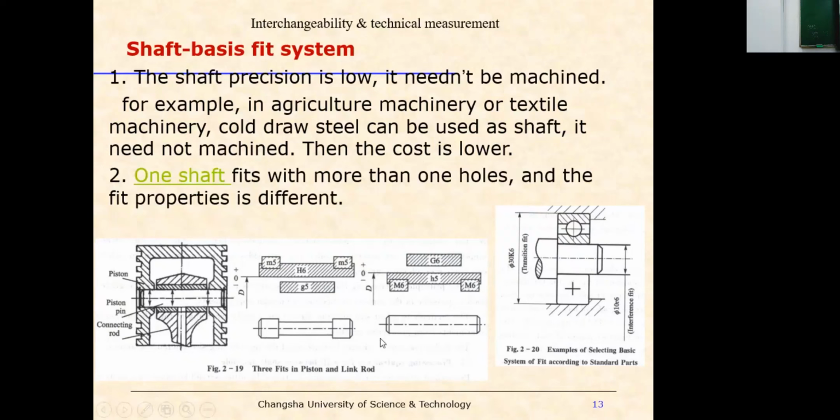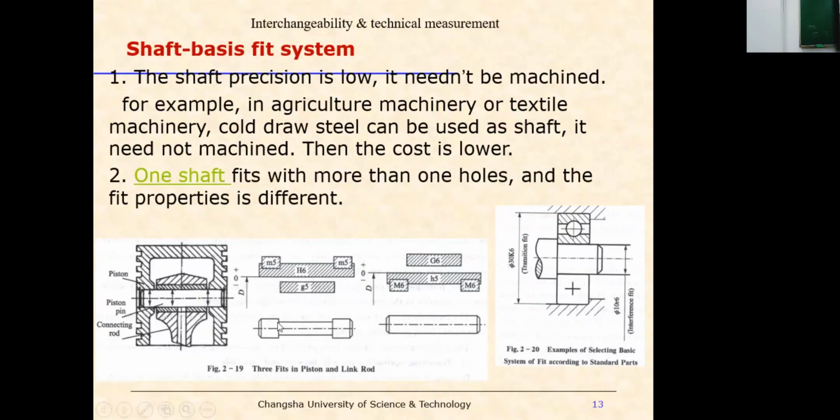So if we use the hole basis, this is H6. H6 is the hole basis. This is the shaft basis, right? When we use the hole basis, you see M5 is here, and M5 is here. When we make a shaft, if this is the interference, this is clearance, right?